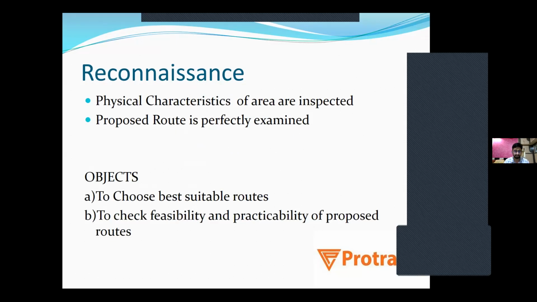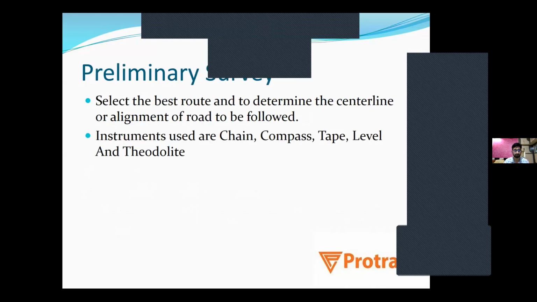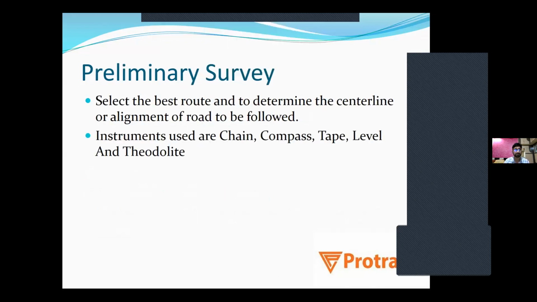During reconnaissance, various routes are planned according to the population of the cities, and the best suitable route is chosen from them. The main objective is also to check the feasibility and practicability of the proposed road. After that, preliminary survey. What is a preliminary survey? Select the best route and determine the center line of the alignment of the road to be followed.